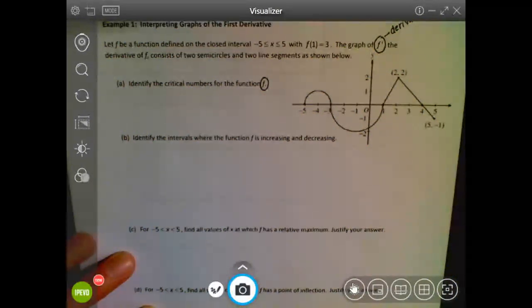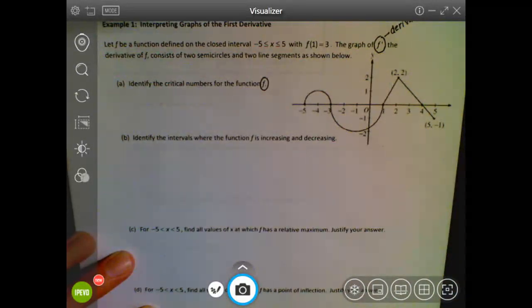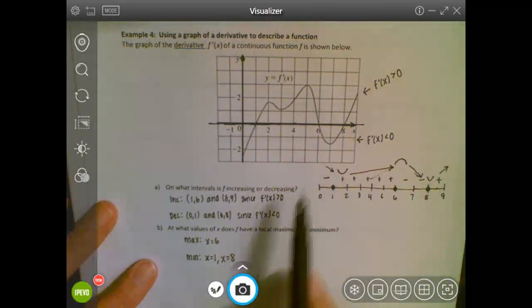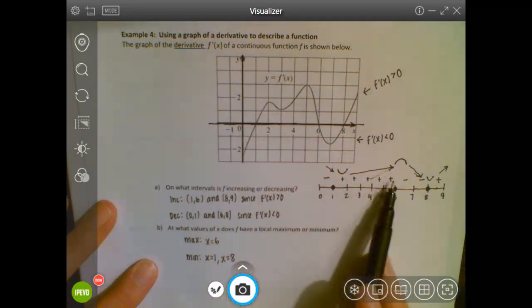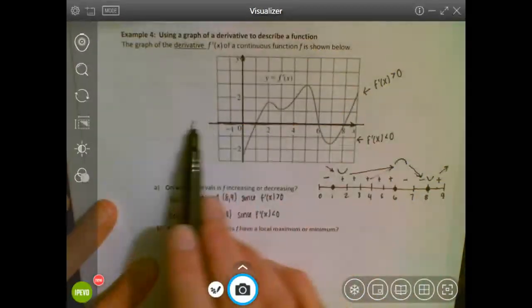So basically we want to know where the graph is changing from increasing to decreasing and decreasing to increasing. So on the graph of the derivative, which we investigated a little bit in the last video, we know that if we're looking for the changes in the signs from positive to negative or negative to positive, we're really looking at the relationship to the x-axis.